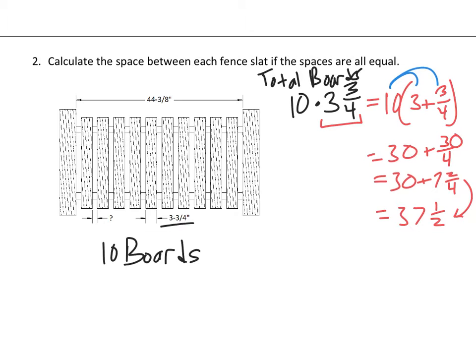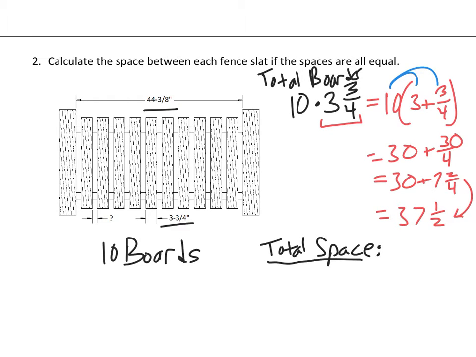So we have 44 3/8 is the boards and the space. Let's find the total space, the leftover space when we take out all those boards. So all of these in between marks here, what is the total of all those?